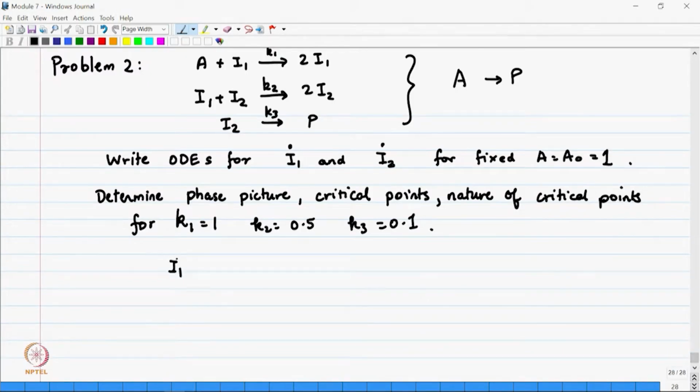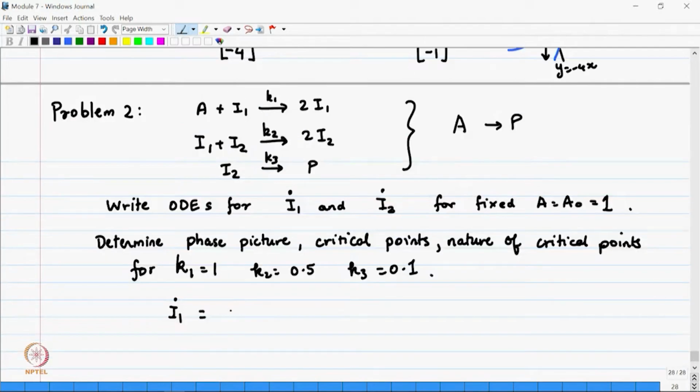If I write I1 dot using your typical kinetics, you can write it as K1 times A, the concentration of A, times I1, and you have minus K2 times I1 I2, and similarly I2 dot is equal to K2 I1 I2 minus K3 I2.